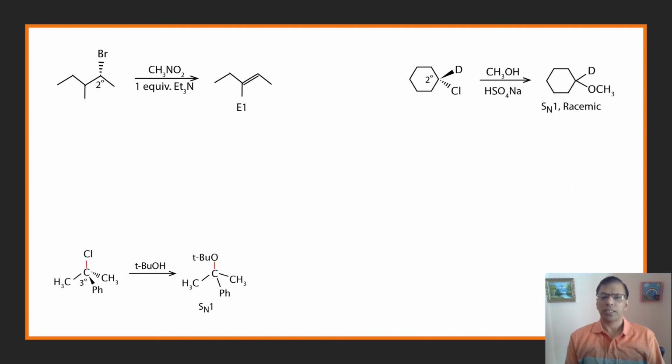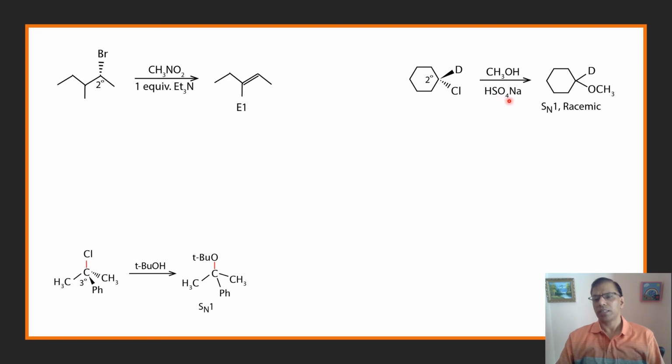So let's look at another example. In this case, this is again a secondary halide, in the presence of methanol, and this is sodium hydrogen sulfate. So this is an anion, but this is not a nucleophile.